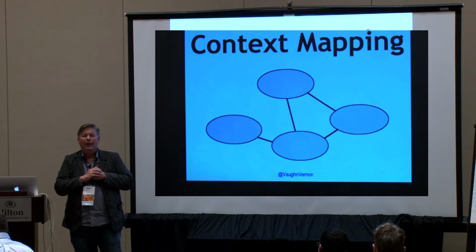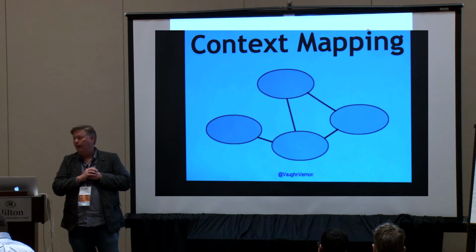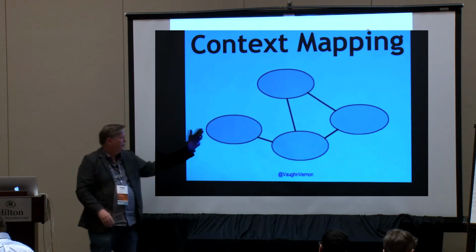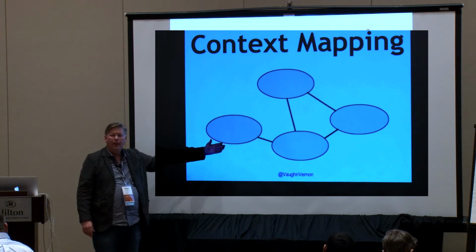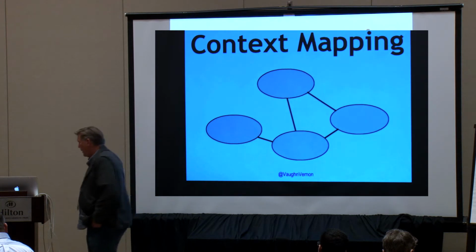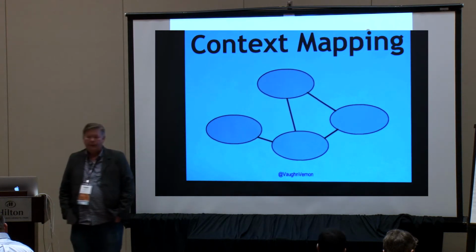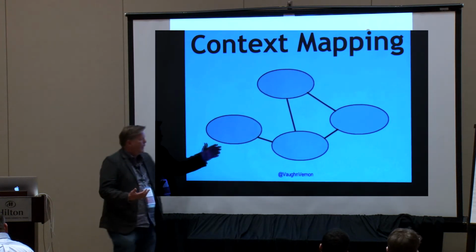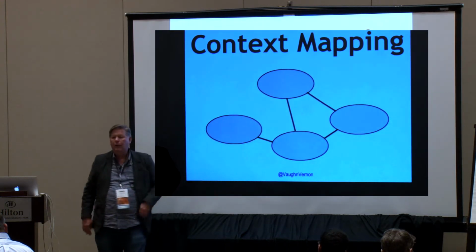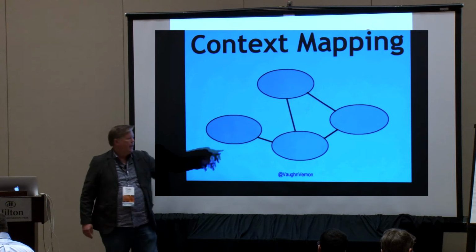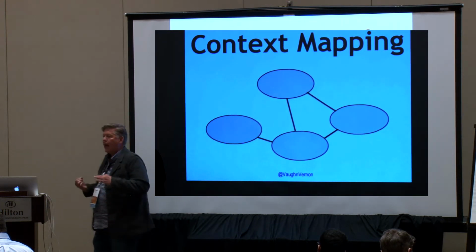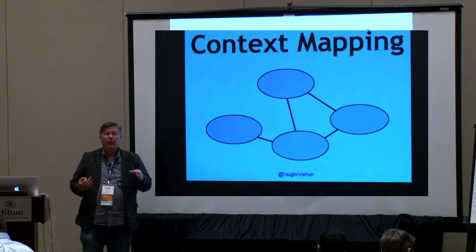Right? That is what context mapping is about. So I talk about this bounded context in one team, and I talk about this bounded context in another team. And when we recognize that we need something from them and or they need something from us, then it's this line that is the mapping between those two context boundaries.